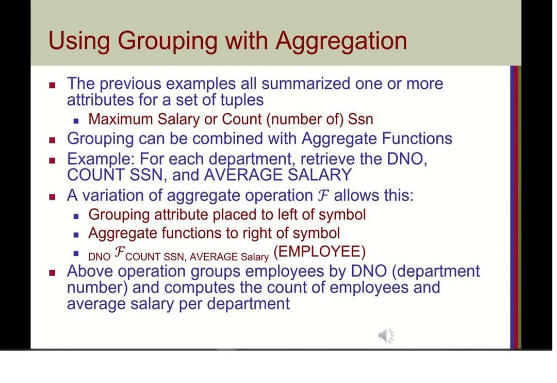A variation of aggregate operation F allows this. The grouping attribute is placed to the left of the symbol, and aggregate functions to the right of the symbol. DNO F count SSN, average Salary (EMPLOYEE). The above operation groups employees by DNO (department number) and computes the count of employees and average salary per department.